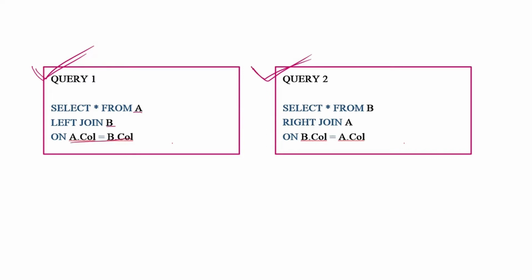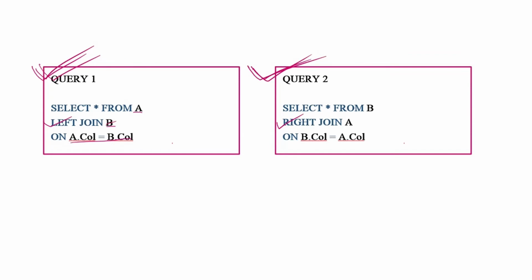In the second query I have swapped these tables. Like in the first query I had table A at the first place and table B at the second place. But in the second query I have swapped their position and I have also replaced the left join with the right join. And the question is: will the output that you get from these two queries be the same or different?